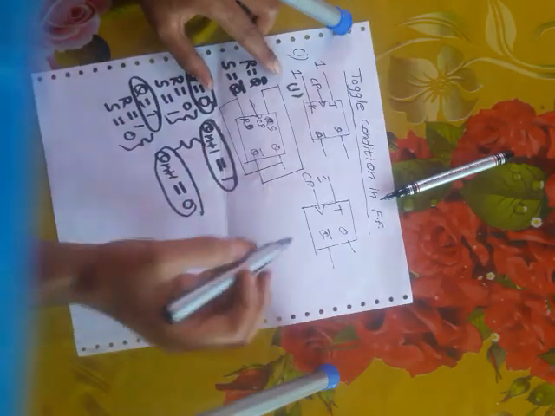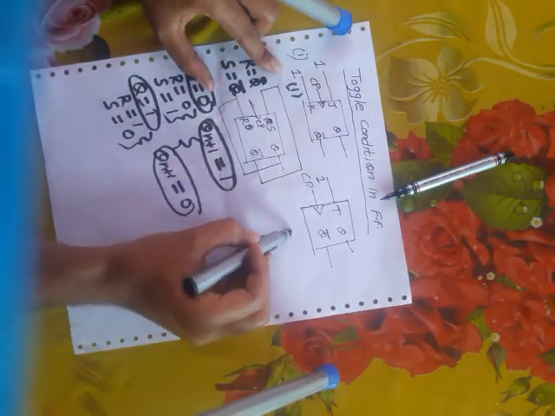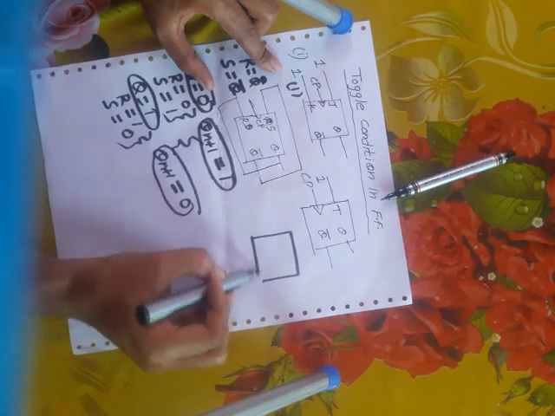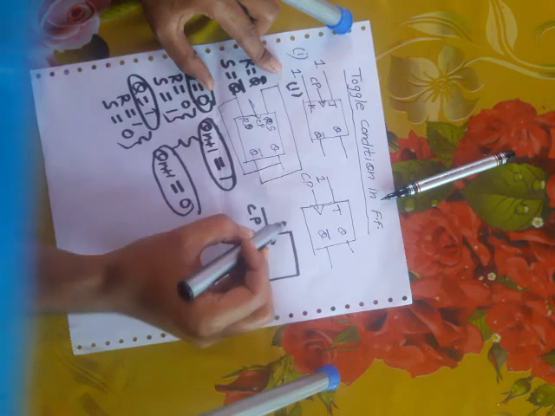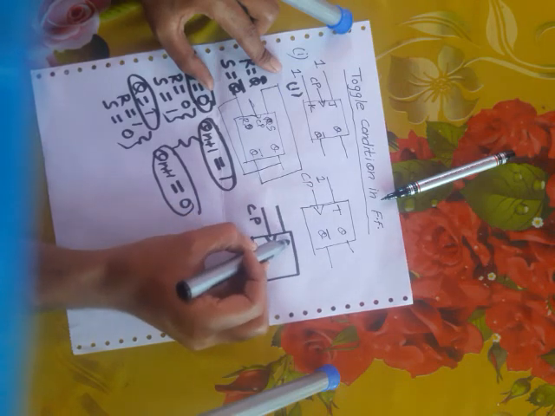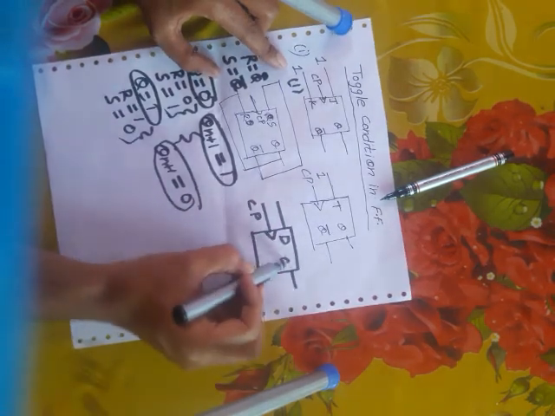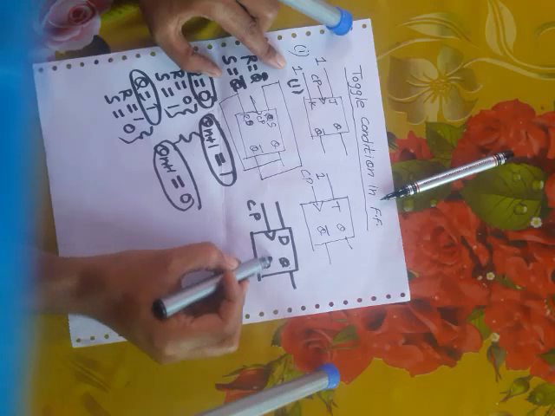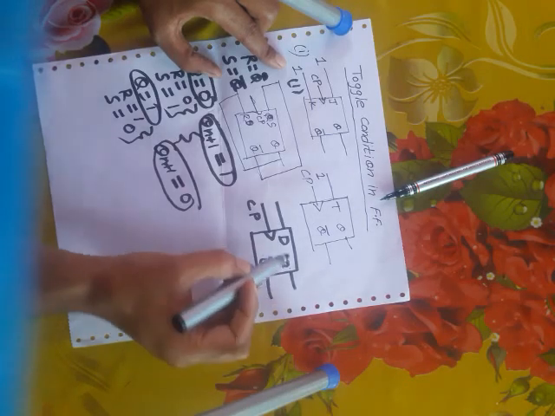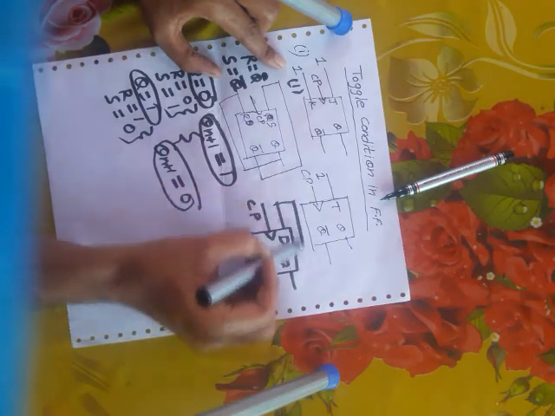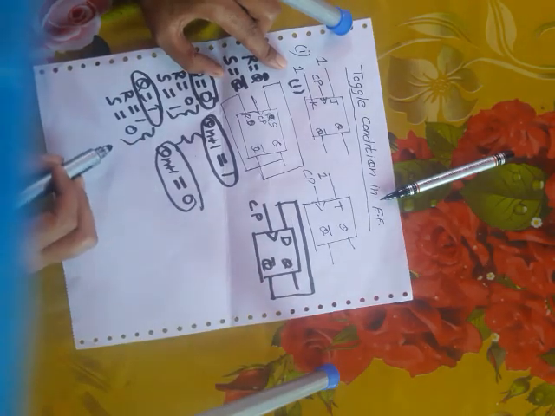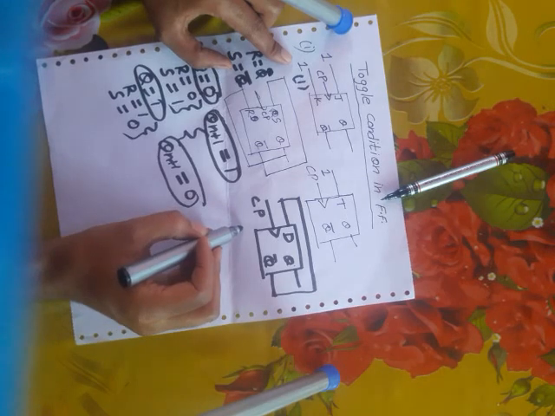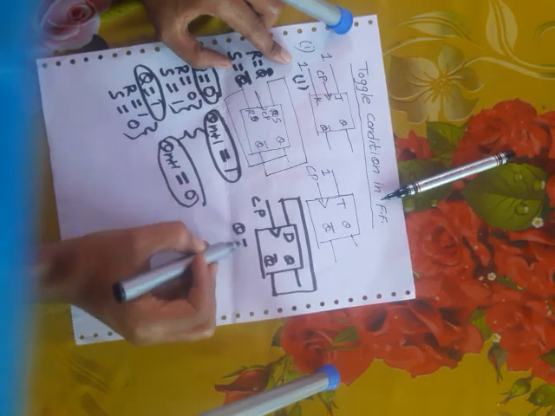Next, you can also get it by using a D flip-flop. This is your clock pulse. You know in D there is only one input. When you connect D to Q bar, you will get the toggle condition. How? Suppose Q equals 0.